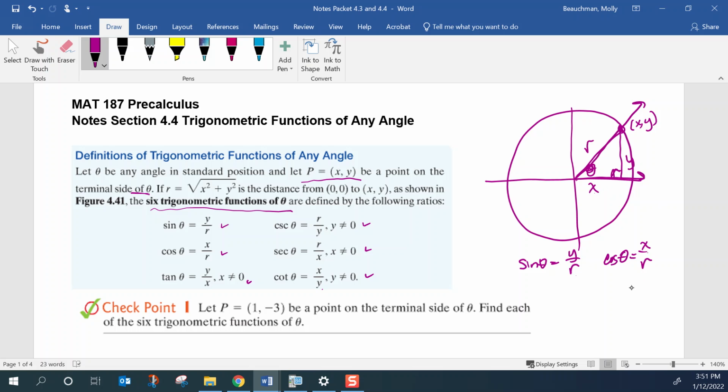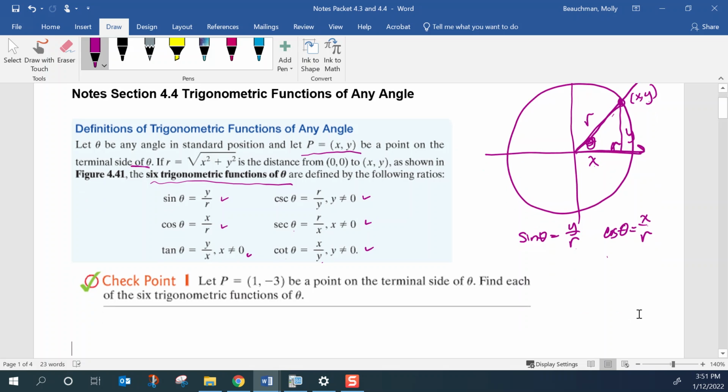And then we can get all of the other trig functions using sine and cosine. So the definitions for sine, cosine, tangent, cosecant, secant, and cotangent are all defined in terms of the x and y coordinates and the radius of the circle that the terminal side of the angle goes through.